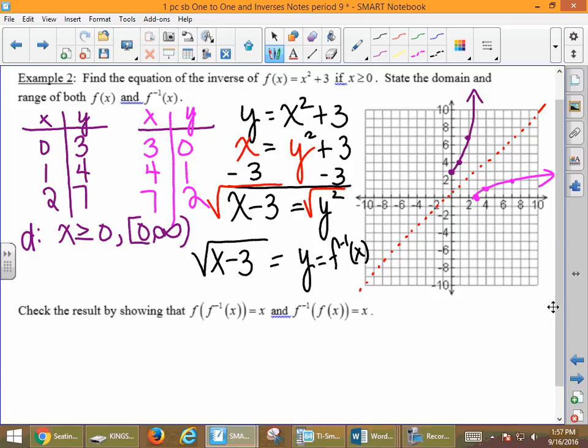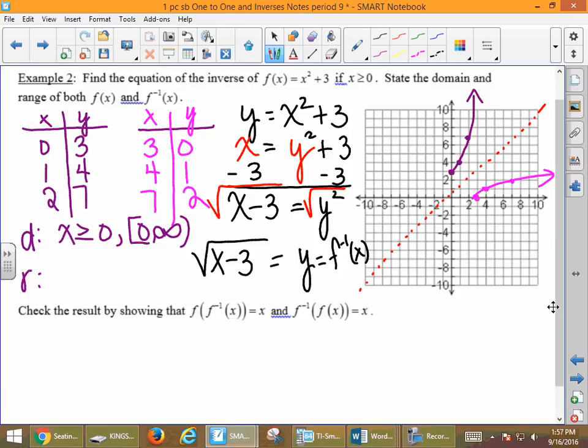When we're looking at the range of a function, I oftentimes say, do we have a high point or a low point on the graph? Well, when we look at the darker purple graph, we actually have a low point. It is at the lowest value there on our graph, which has a y value of 3.